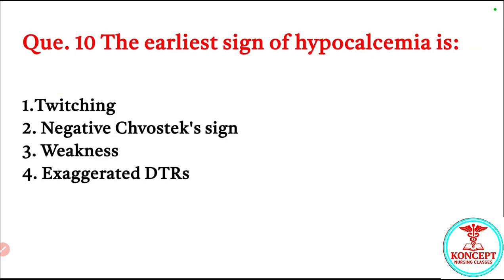Next, the earliest sign of hypocalcemia is twitching, negative Chvostek sign, weakness, exaggerated DTRs. Correct answer is option 1, twitching.